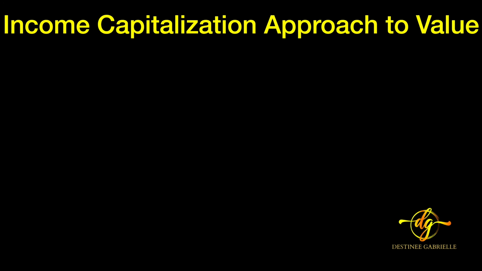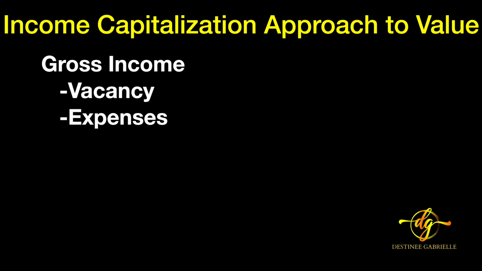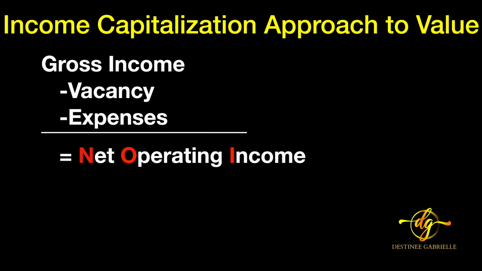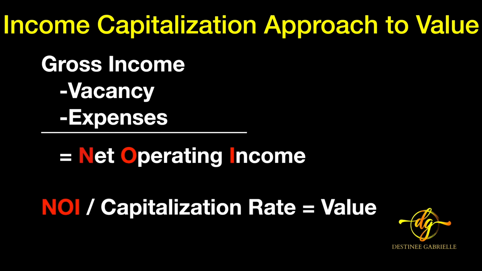We are going to have our gross income subtracted by vacancy, subtracted by expenses, and we are left with our net operating income, which will be called your NOI. So if you want to find a value, that is the NOI divided by your capitalization rate, and that's how you would get your value.